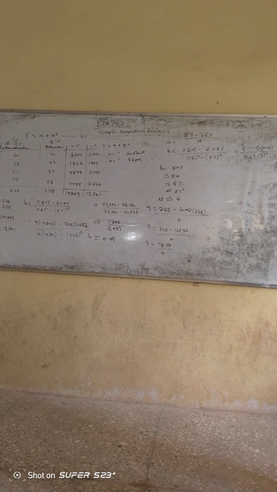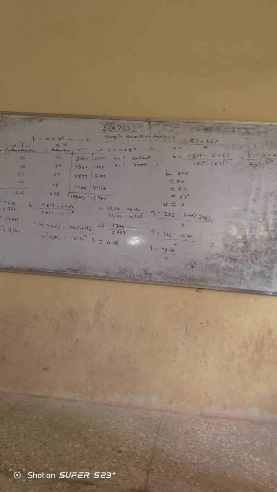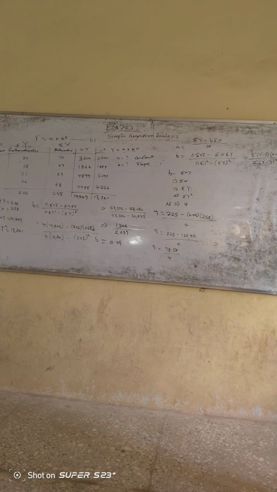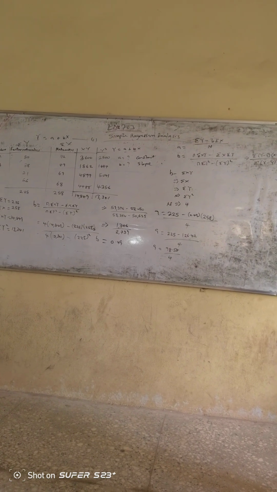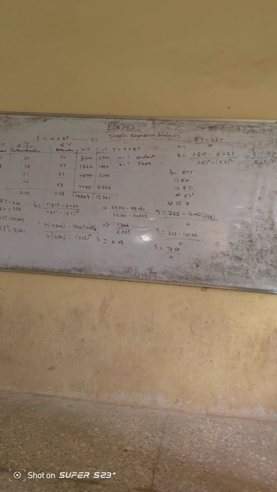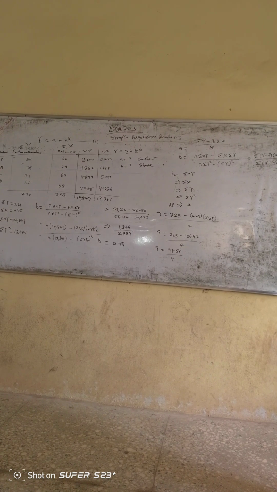Somebody will now ask, is there a situation whereby y and x will have different n? If they are different, it means that you cannot regress on uneven numbers. You cannot regress because you are trying to see whether one affects the other. That means one of them does not have a dependent variable or independent variable as the case may be.